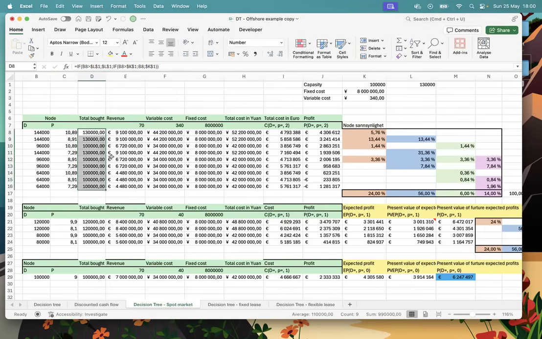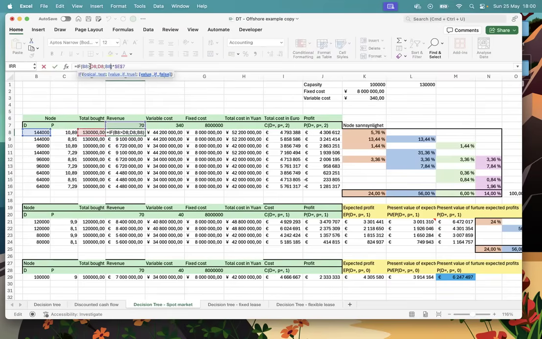Our revenue takes into account what we have in demand, but also what we have produced. So I have this equation. It checks if our demand is higher than what we have produced, which is this one. If so, we will use what we have produced.